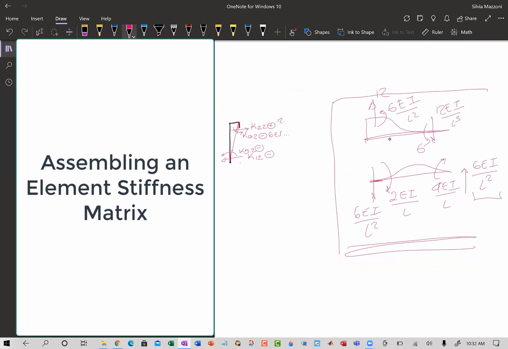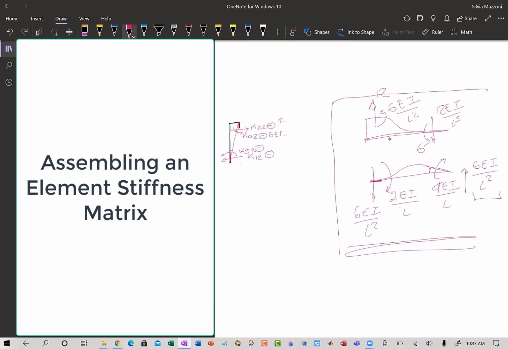The 6 EI over L squared is a moment to a translation or a force to a rotation. So it's the off-diagonal term, you know, the relationship between the rotation and force, or displacement and moment. And then I have the 4 EI over L, where I apply the unit rotation. And then the 2 EI over L is at the other end. Okay, that makes sense. Okay, it's half of it.